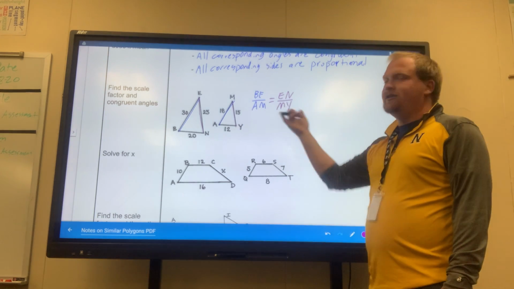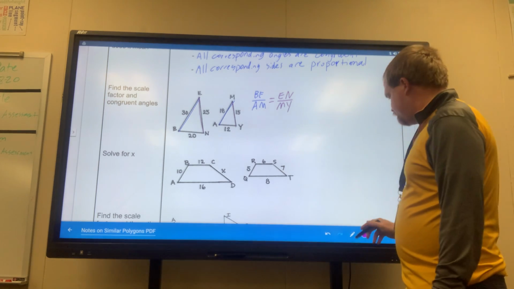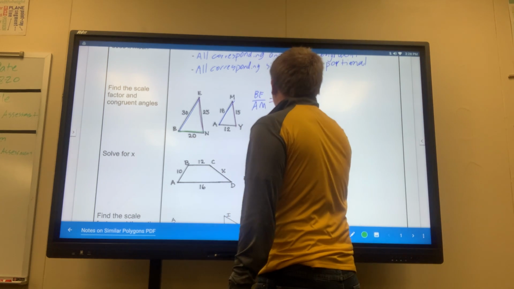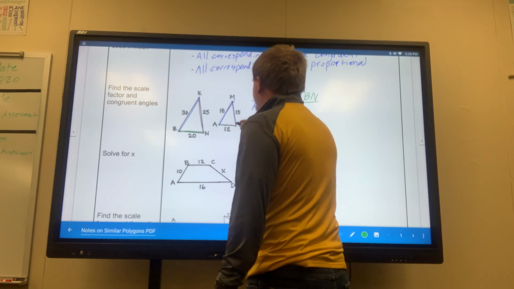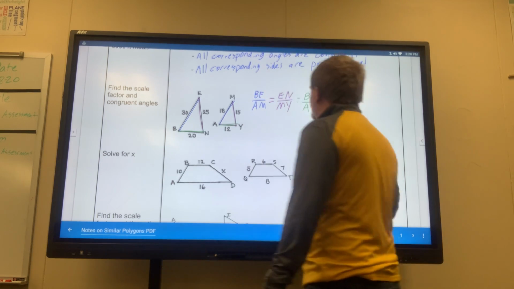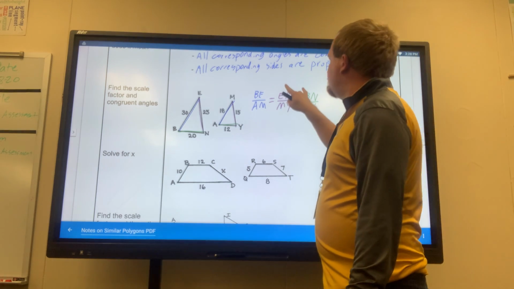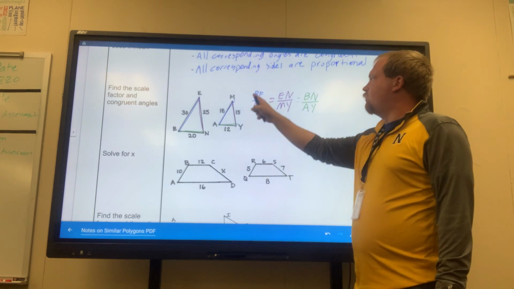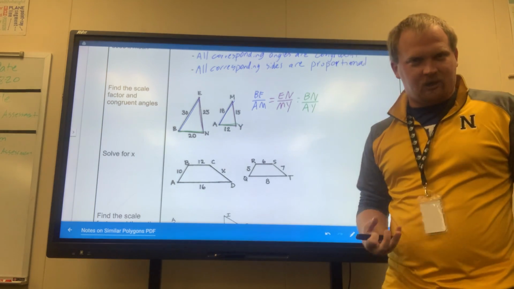All right? And I know that they're going to be the same because they're going to have the same scale factor. And then BN here is going to correspond with AY. So the one thing I know for sure is that corresponding sides are going to be proportional, which means they're going to be the same ratio.